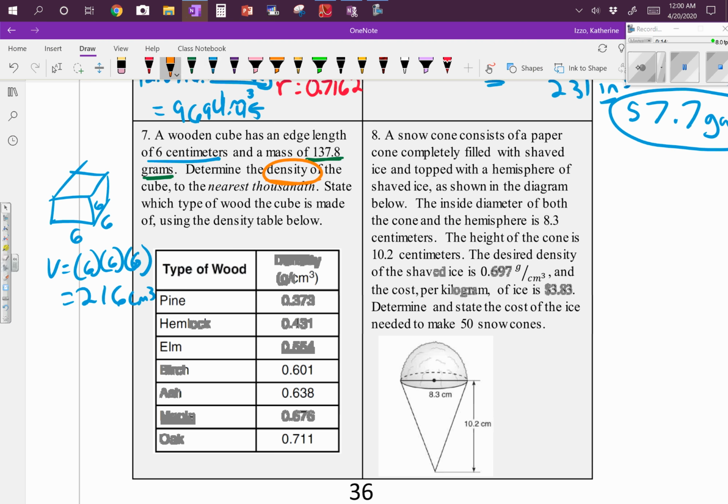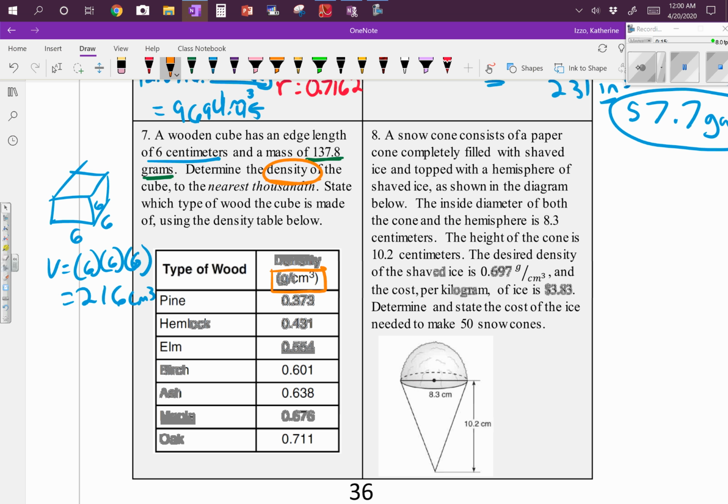If we look right here, it says in order to get density, we need to do grams divided by centimeters cubed. We've got the grams: 137.8 grams. And we just got 216 centimeters cubed.